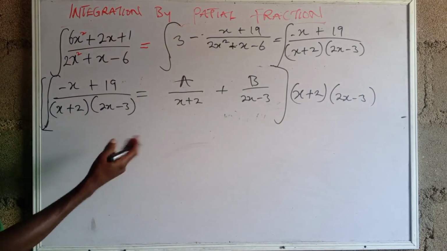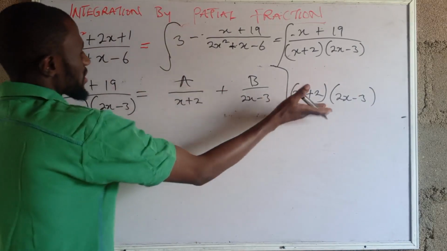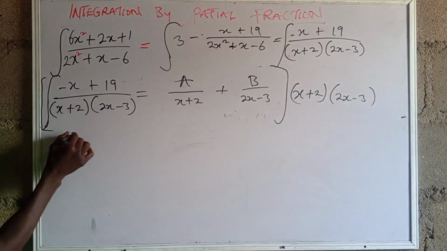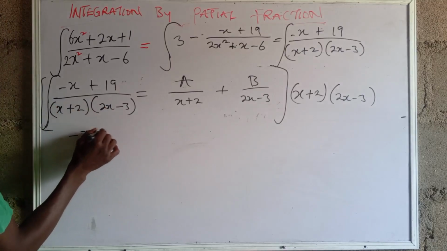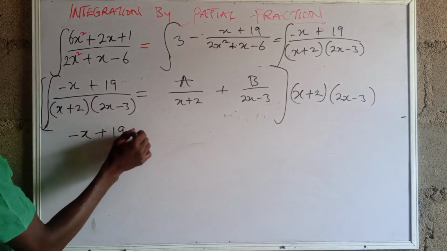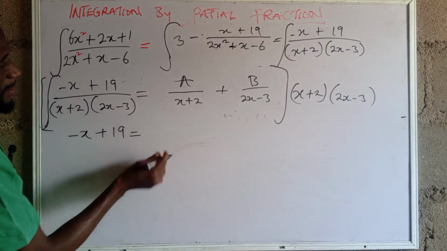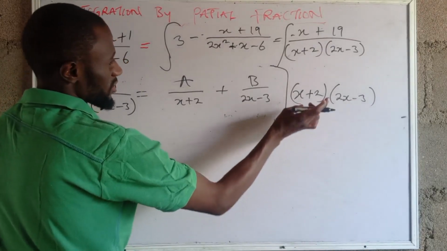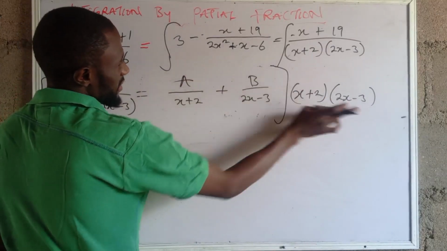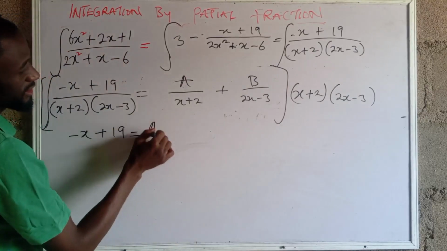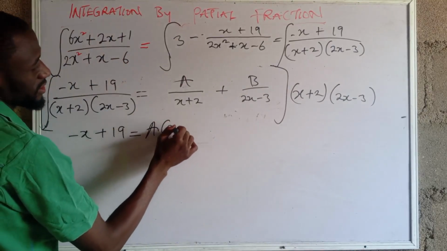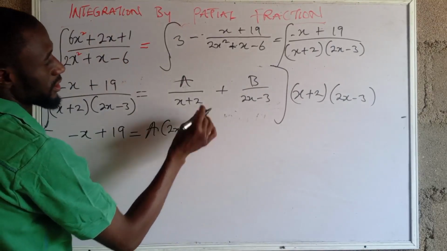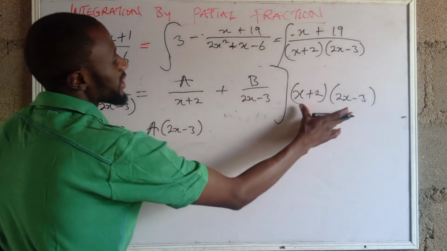You multiply this by this. This one will cancel this, remaining minus x plus 19 is equal to this one multiplied by this. This will cancel this. Remember, a times this remains a multiplied by 2x minus 3. That is this one multiplied by this.